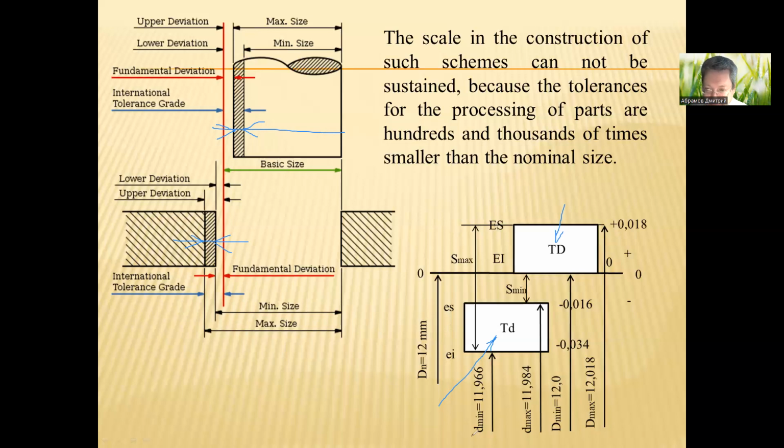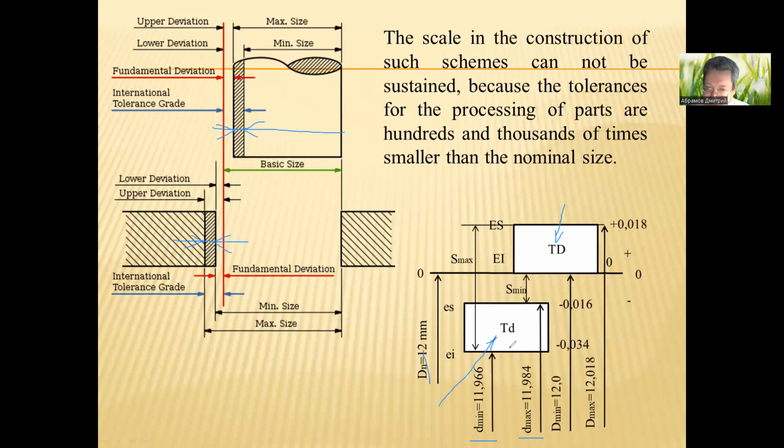In the figure, in the corner of the slide, you can see the nominal diameter of our connection. It's 12 millimeters. You can see the minimum size of the shaft and maximum size of the shaft.